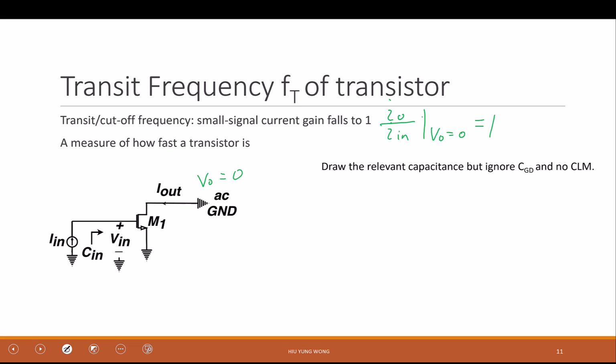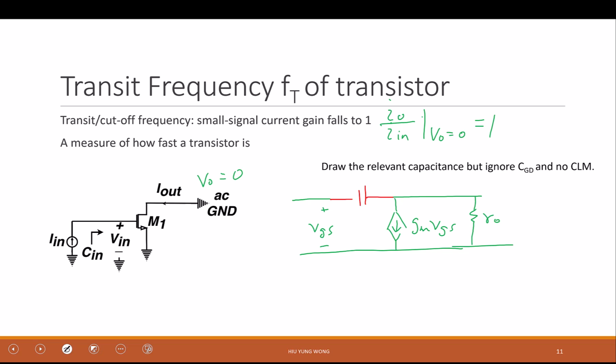This is the transit frequency. So I want to find the transit frequency. What should I do? Draw the small signal model, right? I start with this, and we are very familiar with the small signal model already. This is plus minus VGS. This is gm VGS, and this is the R out. That's it. But now I need to add the capacitors. I will add all of them.